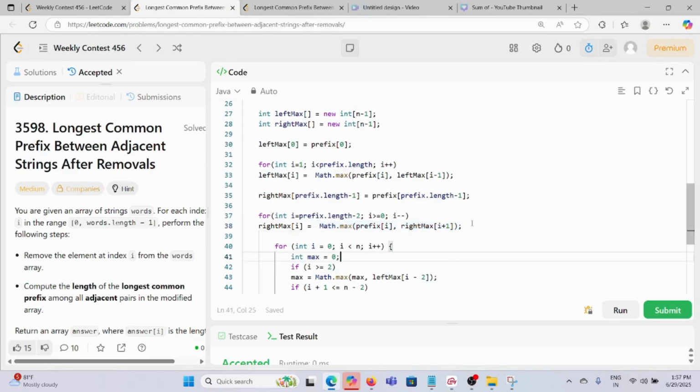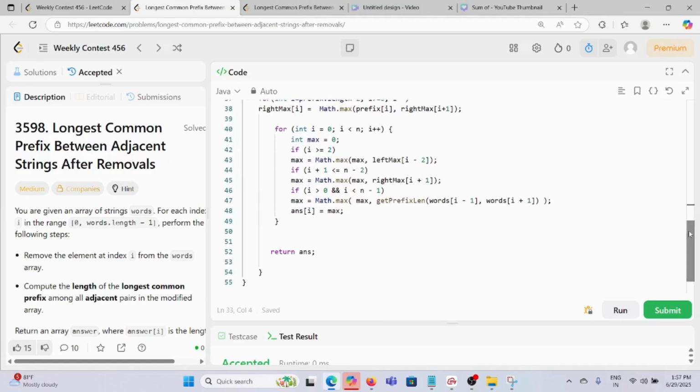Once we are done with the right max and the left max, then we have to check that. See here, we have used a for loop, and we make an integer max equal to 0 initially. If I is greater than or equal to 2, we populate this max with Math.max of max and left max of I minus 2. Why am I taking this max?